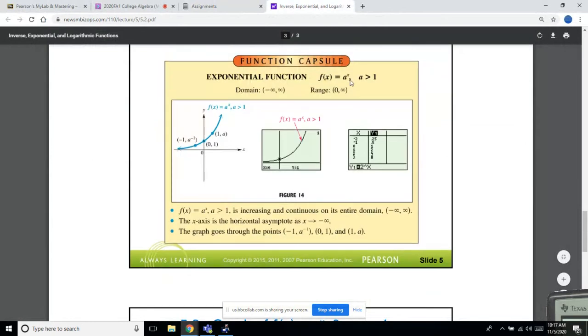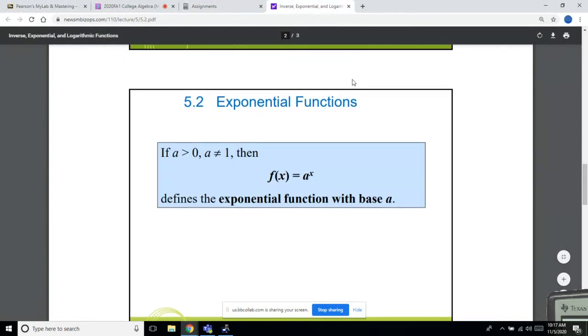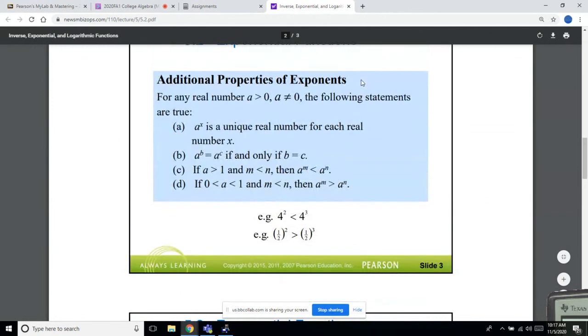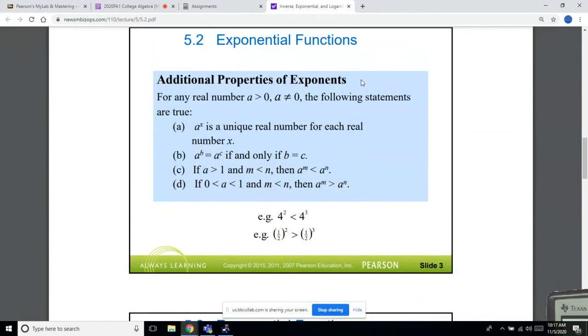Okay, now I actually want to go back up to the slide I skipped over. These are some additional properties of exponents, and these will serve us when we're trying to solve some exponential functions. We're going to learn two methods to solve exponential functions.